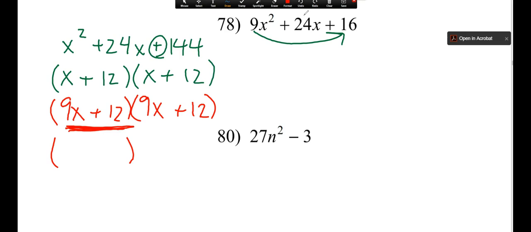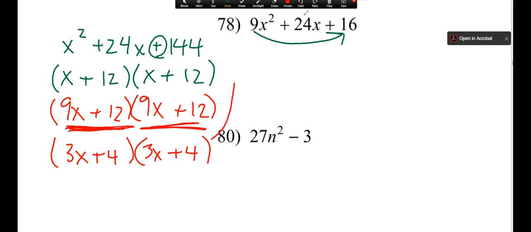If I do, what am I left with? 3x plus 4. Okay. It looks like I can pull another 3 out of that one. What am I left with? 3x plus 4. Now, you notice that both of those are identical, right? Yeah. Okay. So that means that I could write my answer like this.